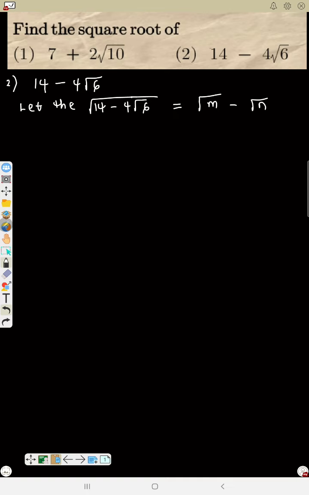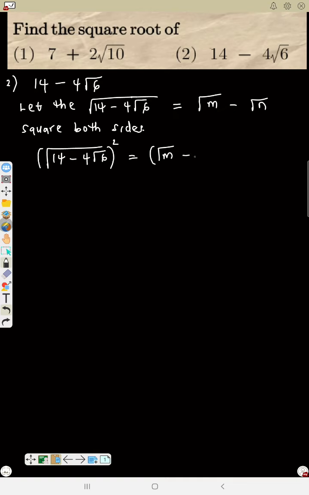So then square both sides. We have square root of 14 minus 4 root 6 square is equal to square root of m minus square root of n square. So that this square will cancel out these roots.